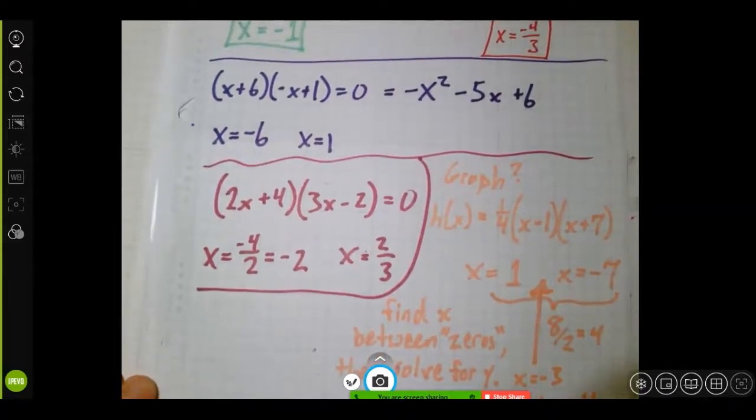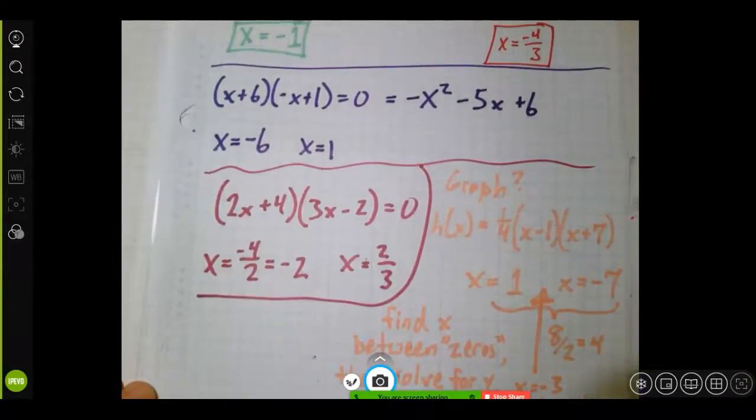Make the 4 opposite, and then divide it by the coefficient.